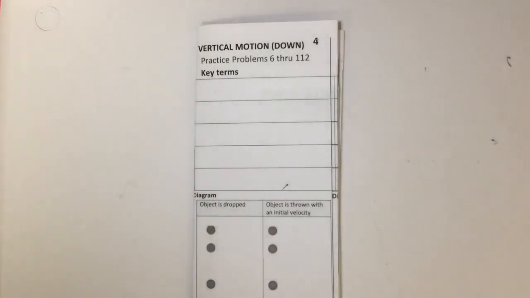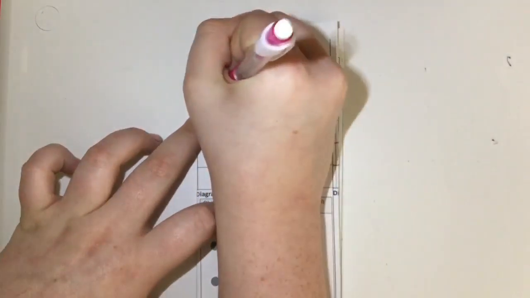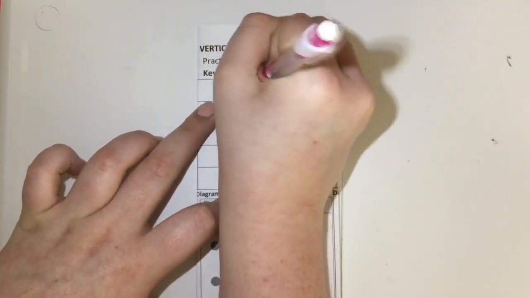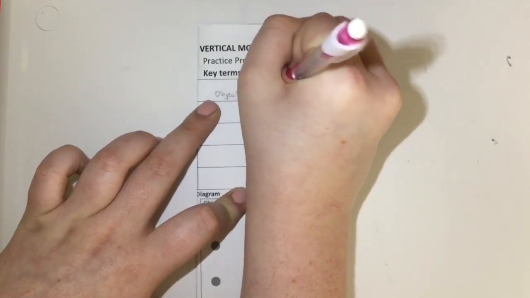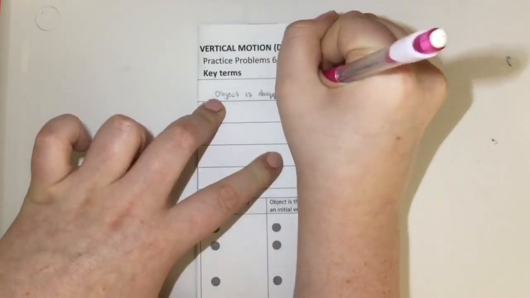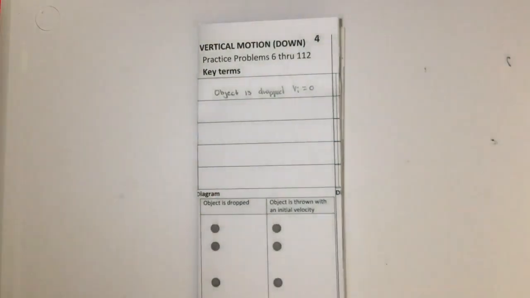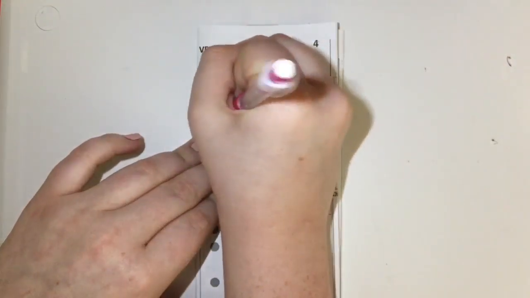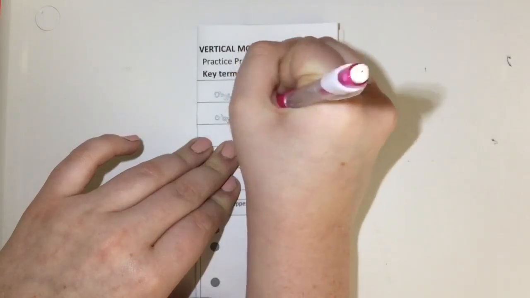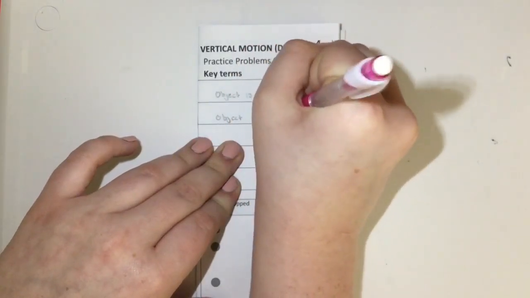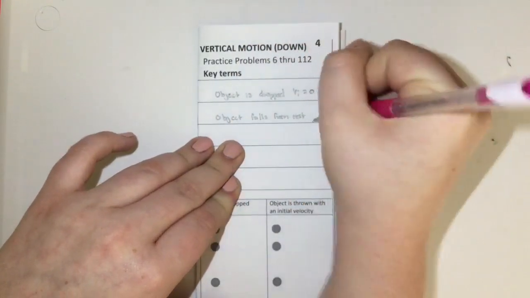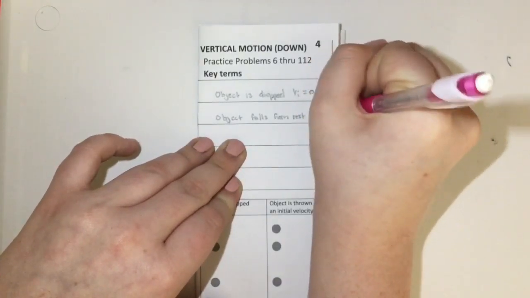So, when an object is dropped, the initial velocity equals 0. When an object falls from rest, the initial velocity equals 0.